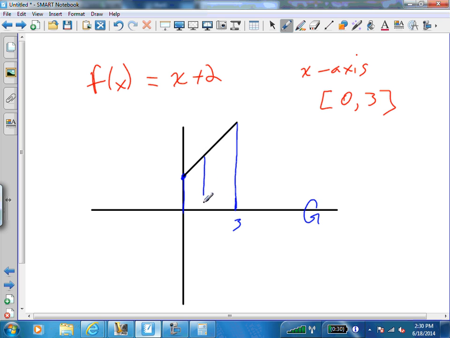Our sample element is going to go from our curve to our axis of rotation. Our axis of rotation is here. That distance is going to be r.